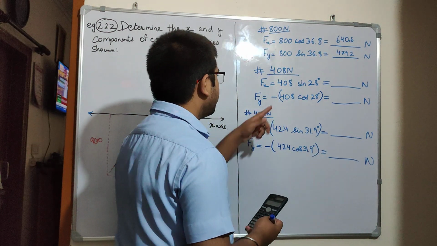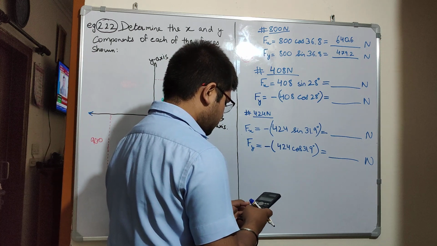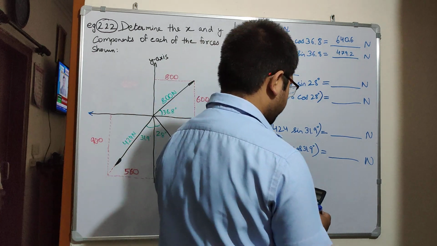Then we will do 408 sine 28, which is 191.5.